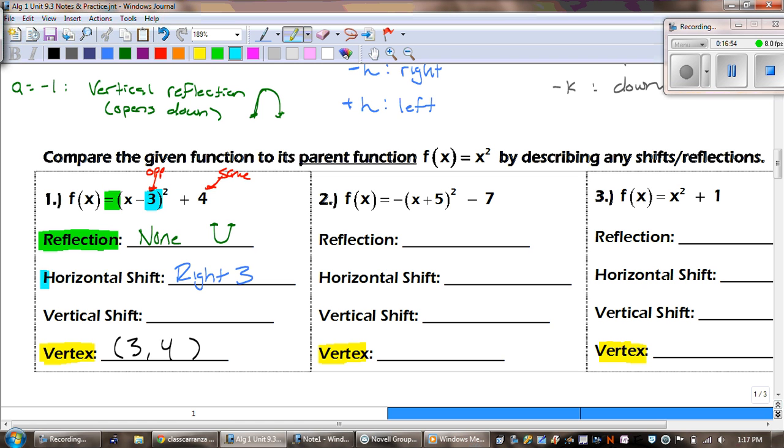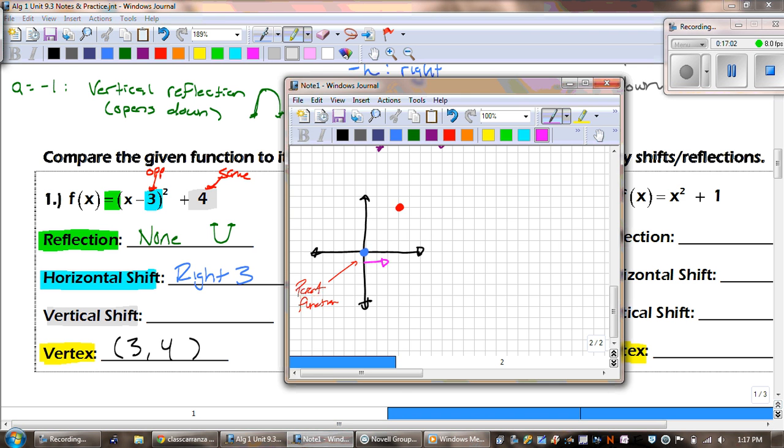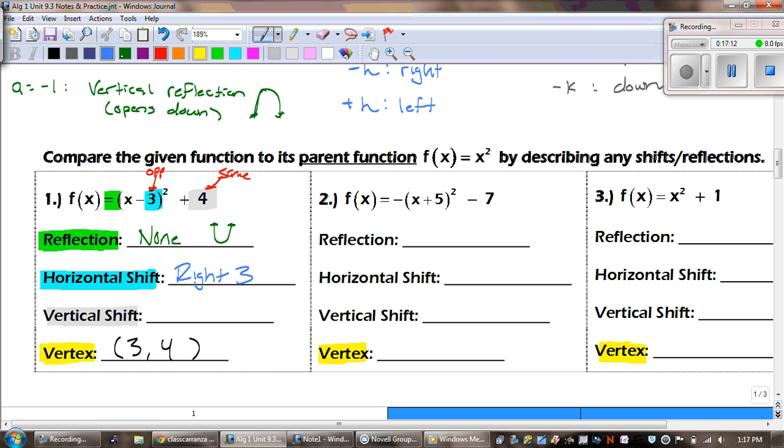Because we take the opposite of the horizontal shift, and the vertical shift is that guy right there. So we went right 3, and then how many up did we have to go? We went right 3, and then we went up 4. Okay, and that's telling us what we're doing.